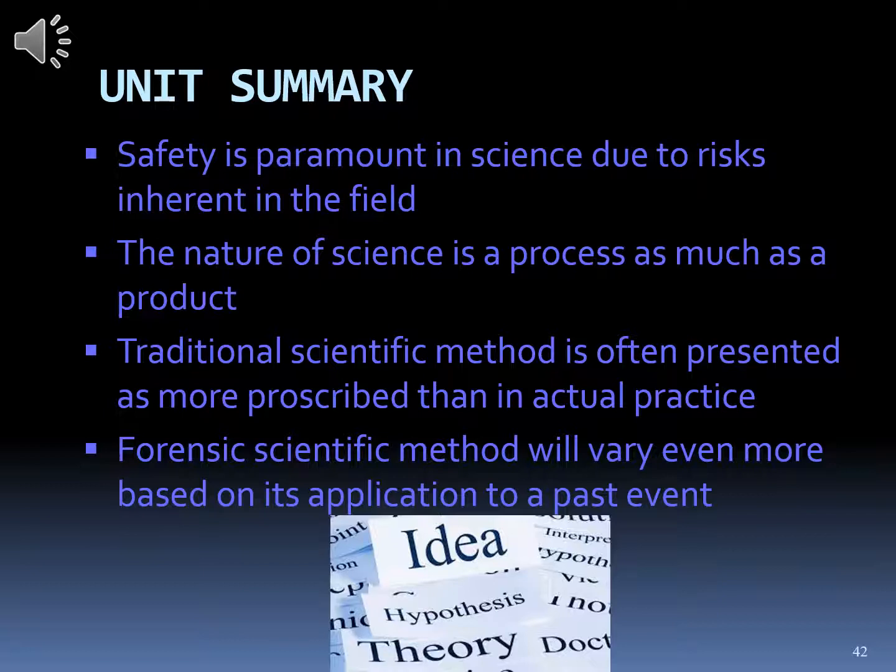The traditional scientific method is presented as a prescribed deal where you come up with a problem, a question that you're going to explore. Sometimes, as I mentioned with the example of conducting polymers, it's a lot more fluid than that. It's just, this is neat, I want to know more about it, and the study of that particular substance could lead to a breakthrough in the field. Finally, in forensic science, things are a little different because the area of study is something that's already happened.